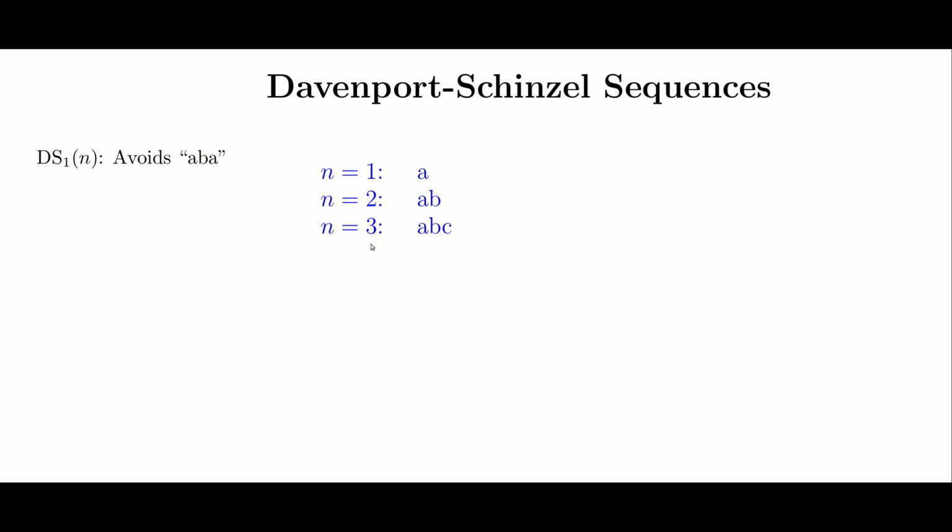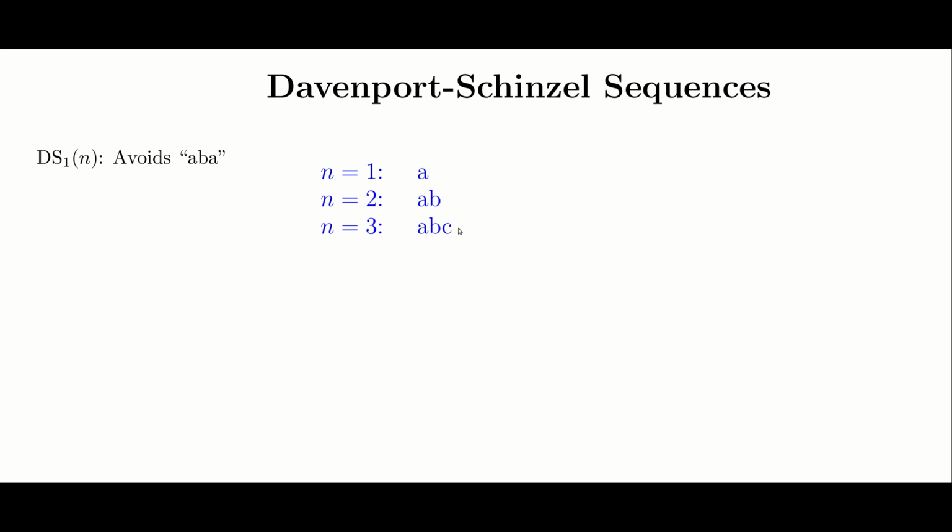Let's look at a sequence of size 3. We have to start with some symbol, let's call it A. We cannot repeat A, so it has to be B. We could not repeat B because then we'd have two immediately identical characters. We cannot do A because then we'll have ABA, so it has to be C, the last symbol. And after this, again, we're stuck. We cannot repeat A because we'll have ABA.